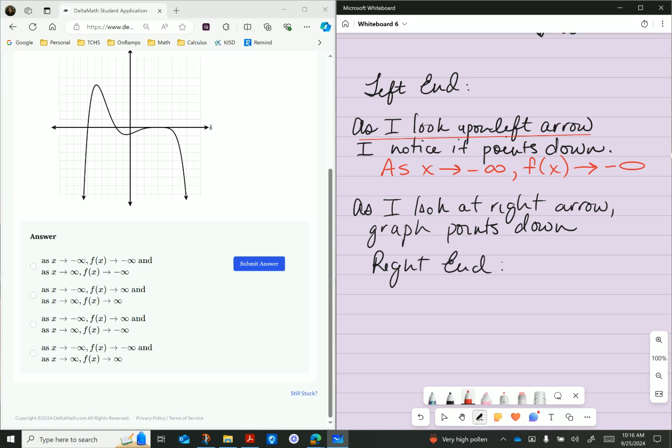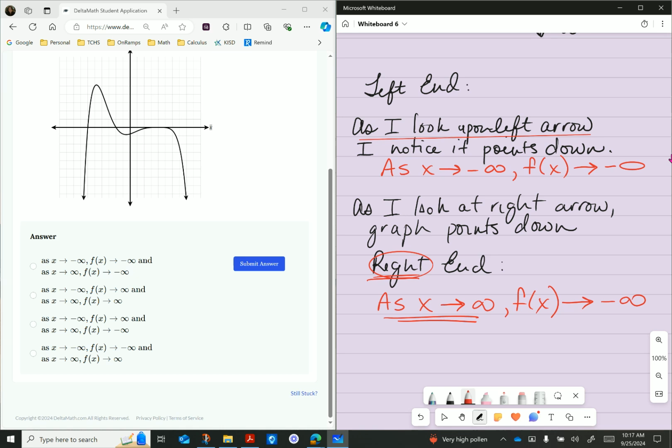Well, I'm looking at the right, so I need to say the x-axis is right and left movement. So as x goes to positive infinity, comma, I have to name my graph. My graph is also still going down, so down is negative infinity.